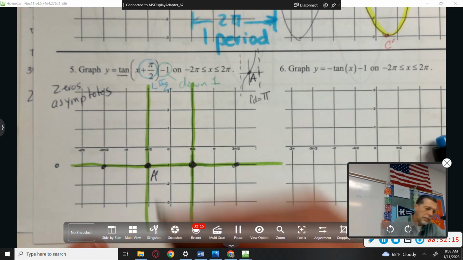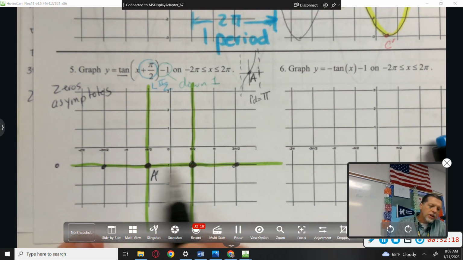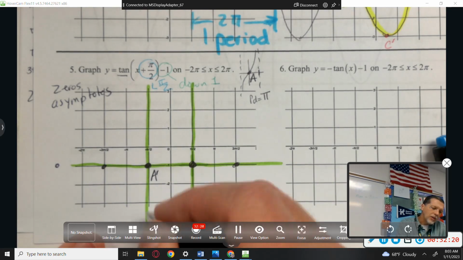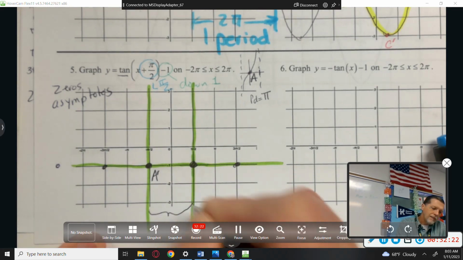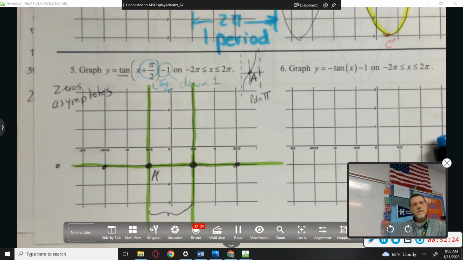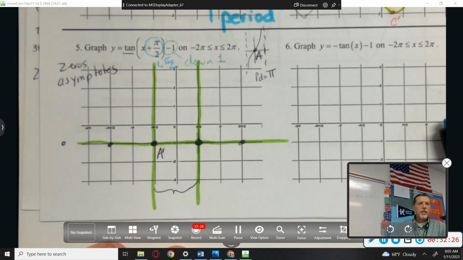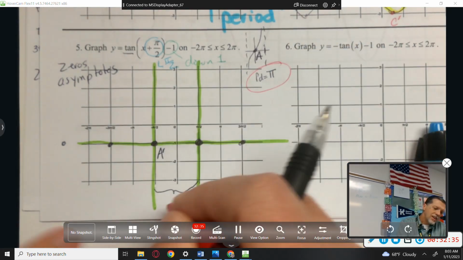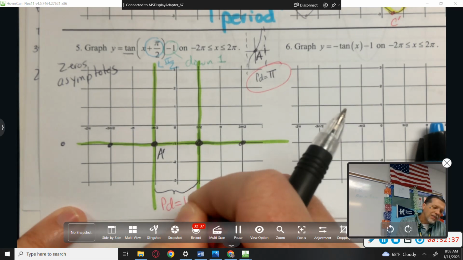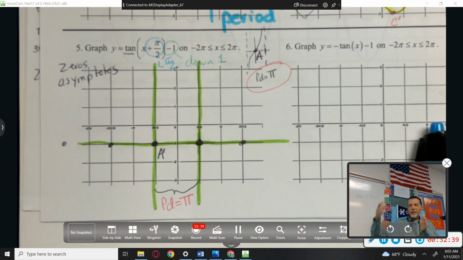I guess maybe the important question is, how did I know to go pi away to get to my next 0? That's how long the period is. So every pi, it repeats itself. That means every pi, there's a 0.